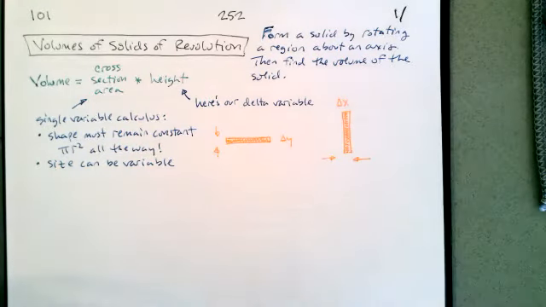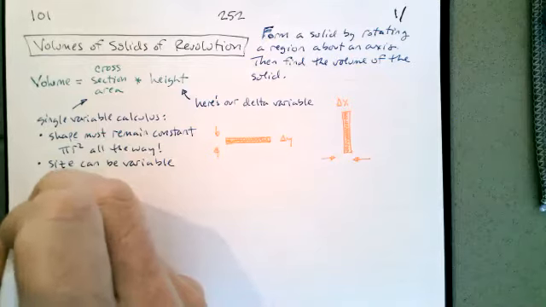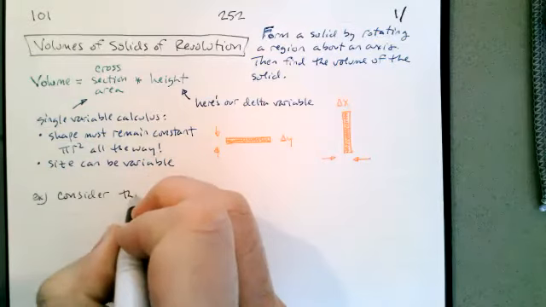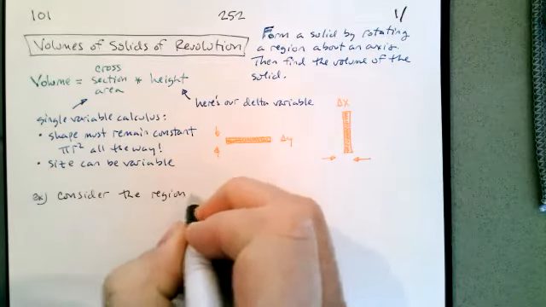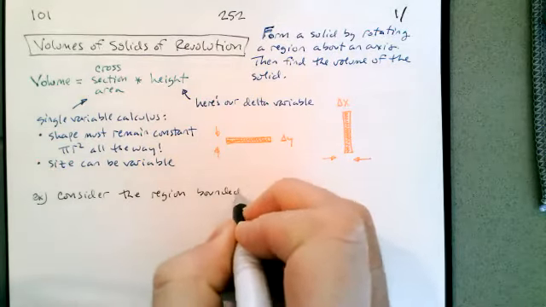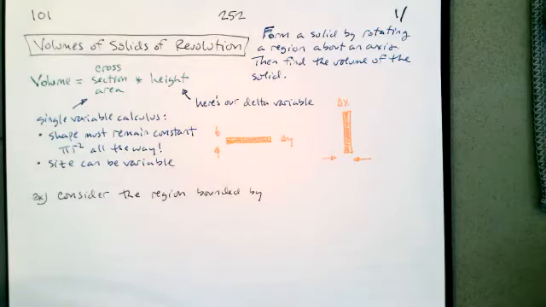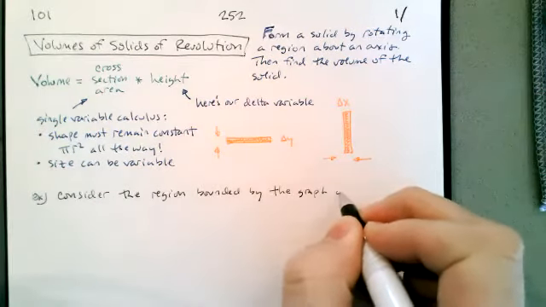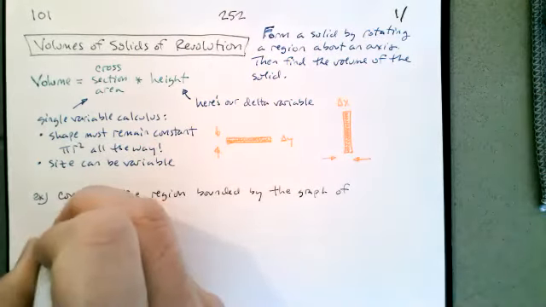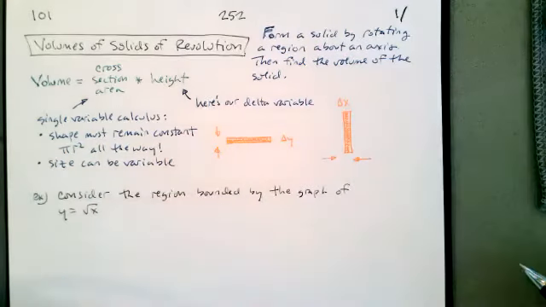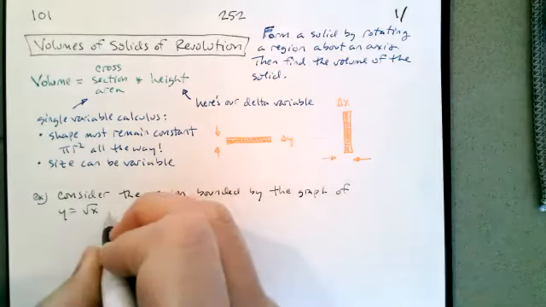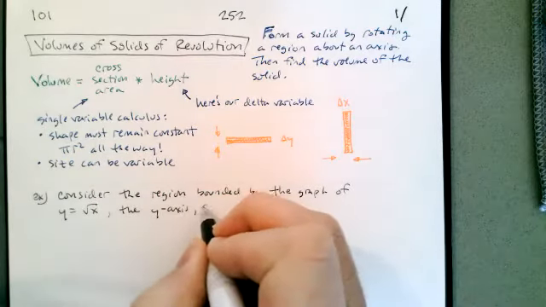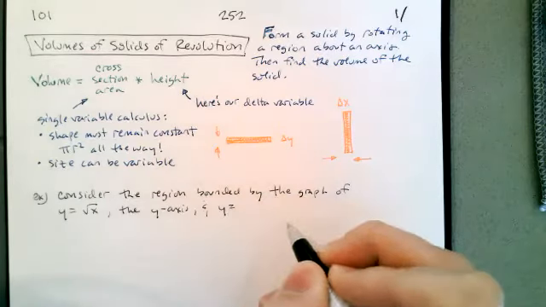Let's consider the region bounded by, let's say, the graph of y equals the square root of x, the y-axis, and the line y equals 3.